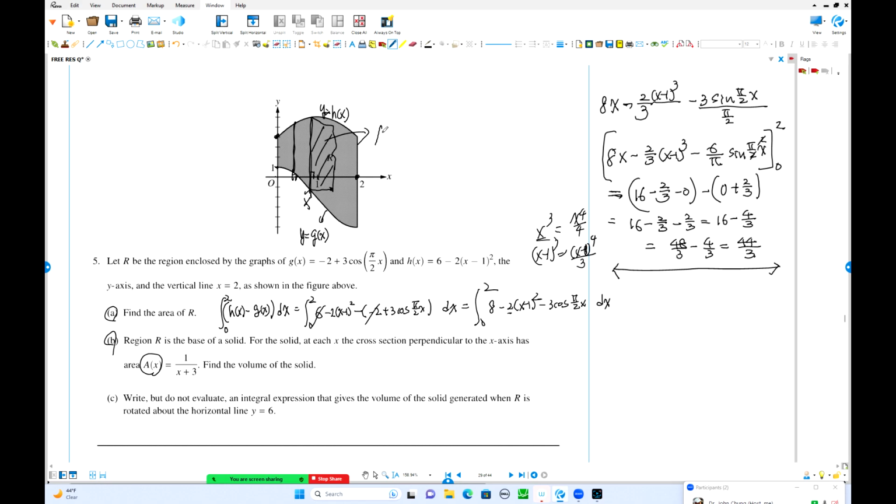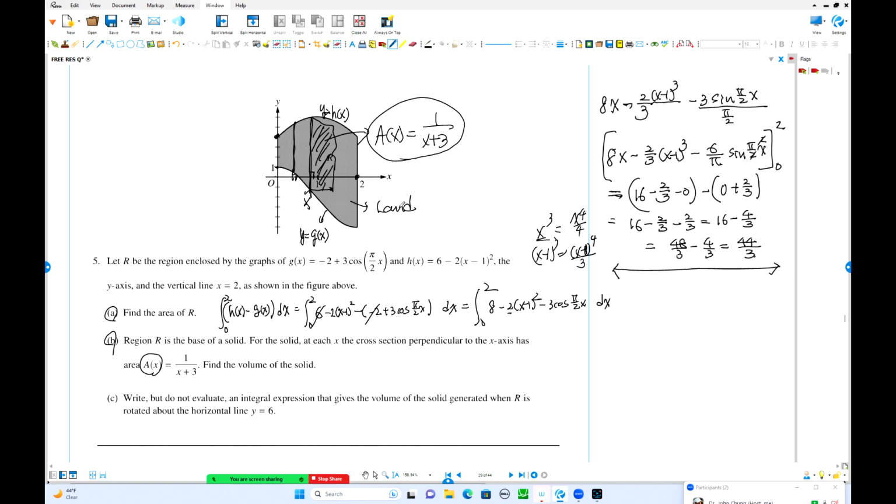When x equals a, the area is 1 over x plus 3. We already got the area of this region, so this is simple. What is the volume of the solid? We're going to build some construct.